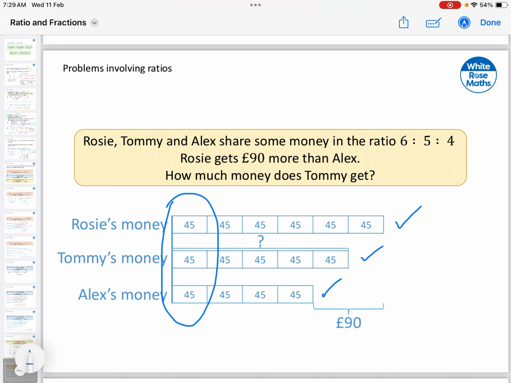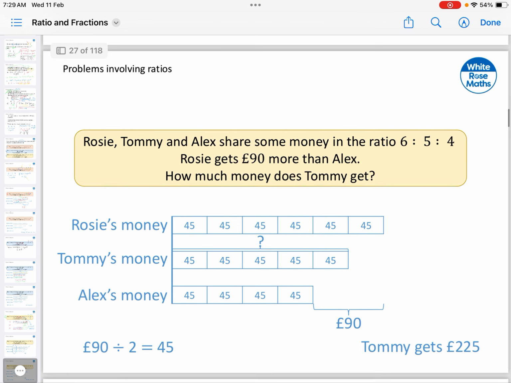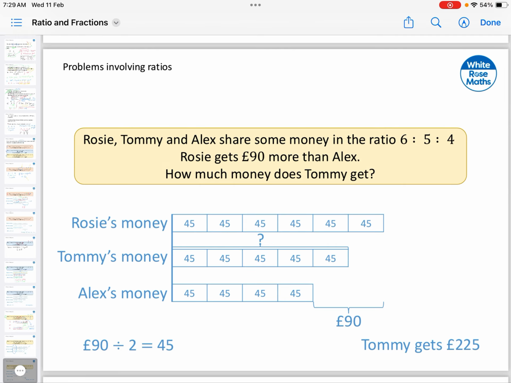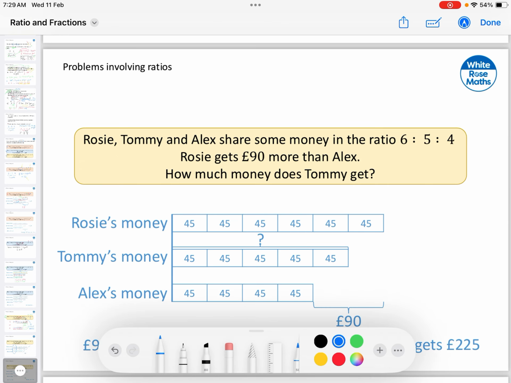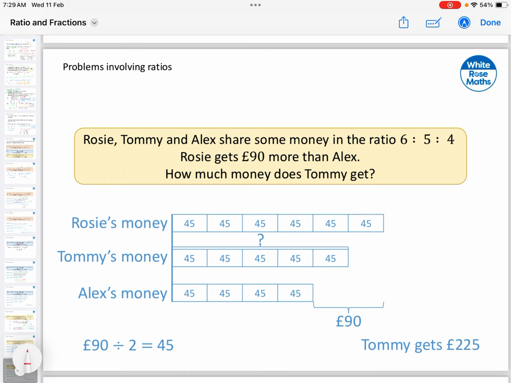Of course, Rosie has more parts, but each part has the same size. And when we think about the answer at the end, take a look that Tommy gets 225 pounds. As I said before, this is 45 pounds times 5.